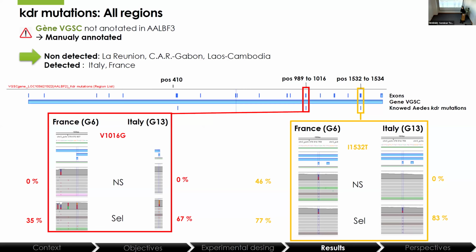So the first thing we looked at in our genomic data was kdr mutations. The problem was that in our version of the genome, the gene of the voltage-gated sodium channel was not annotated, so we manually annotated it.